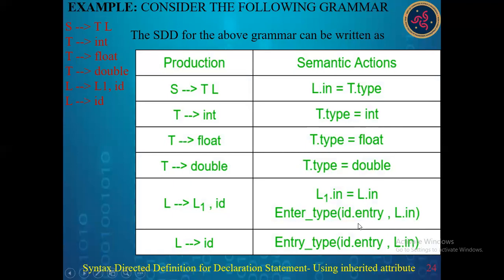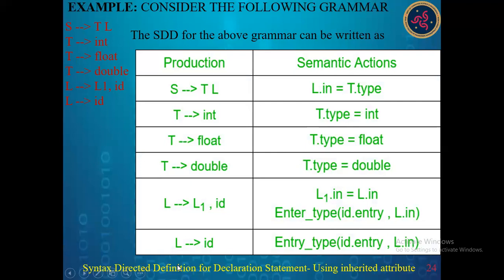So that is the function that is doing here. If we are having this production, that action will be performed. Whatever data type we get will be added to the variable in the place of id in the symbol table.